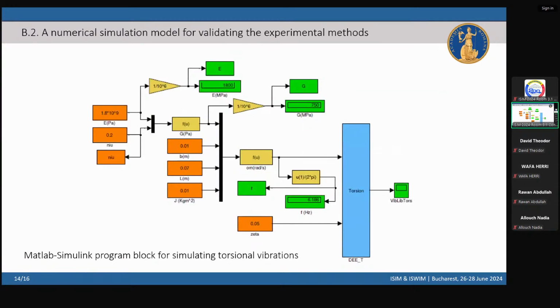And this is the Simulink model, which will validate the value of G for the E determined before, and of course by sweeping the value of the Poisson coefficient, we get a closed loop, such that the values are consistent.